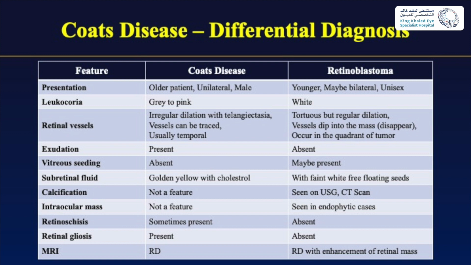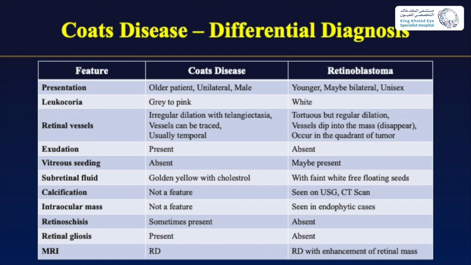As you know, Coats disease presents in older patients when compared to retinoblastoma. It is unilateral in 95% of cases, whereas retinoblastoma is bilateral in 40% of patients. Male sex is more common in Coats disease, whereas in retinoblastoma there is no sex predilection.